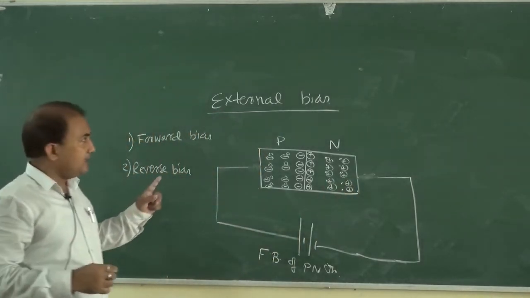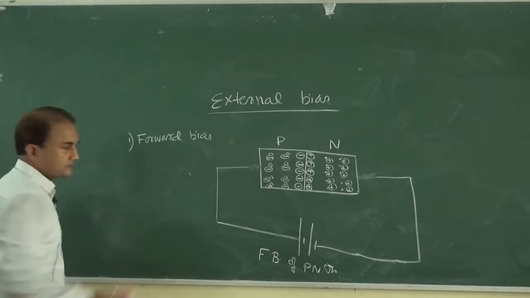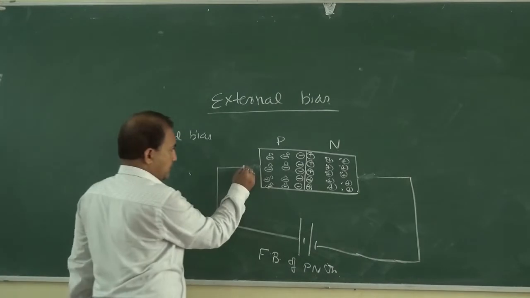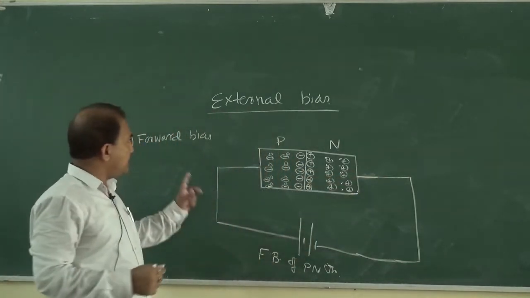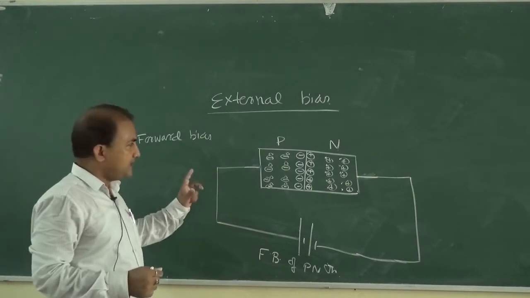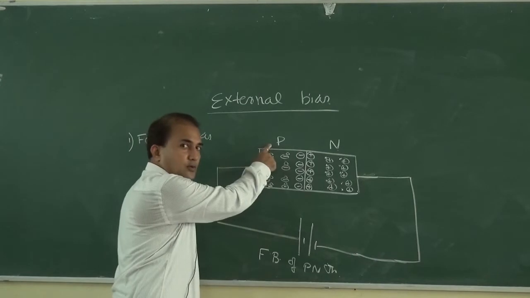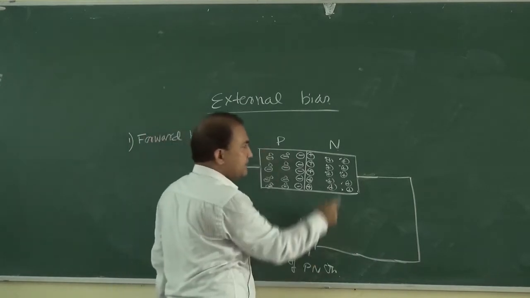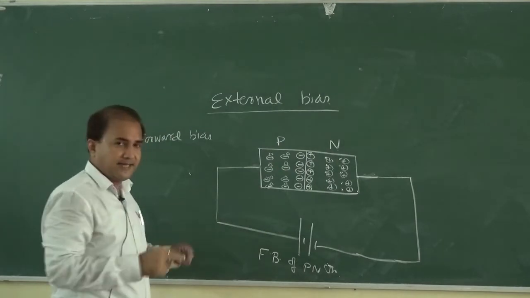So in forward bias, what happens? The positive terminal of the battery is connected to the P-type semiconductor, and the negative terminal of the battery is connected to the N-type semiconductor.